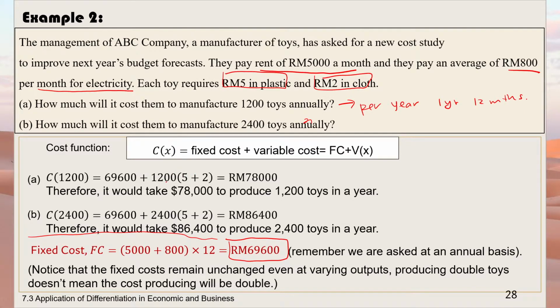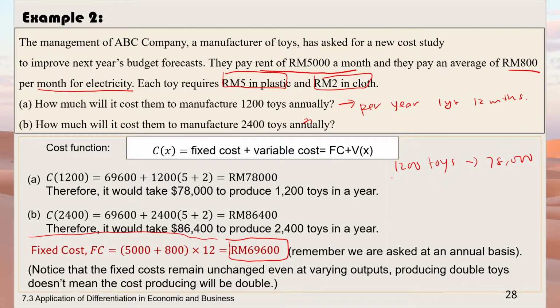So I need to times with 12,000, and then I sum up is 78,000, and this one I'm going to time with 24 is 4,000. Okay, now what is this question trying to tell you? We used to be thinking that if I produce 1,200 toys, we need 78,000.